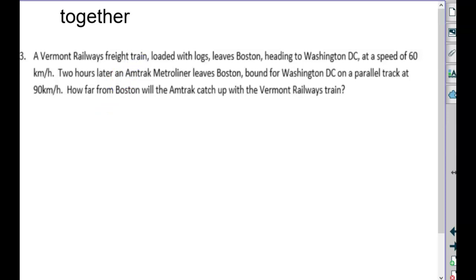So I just go ahead and find time because I say, okay, so the Vermont Railways and the Amtrak Metroliner, okay? So we have rate times time equals distance, but do we know rates for both of them? The first one's going 60 kilometers per hour and the second one is going 90. What do we know about time though?